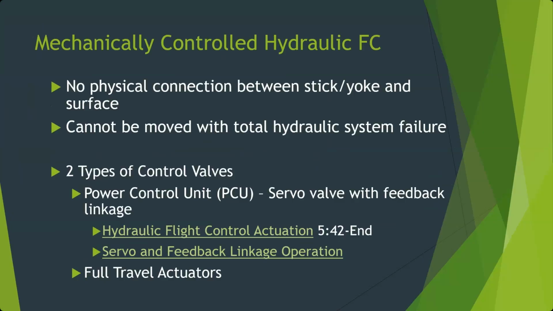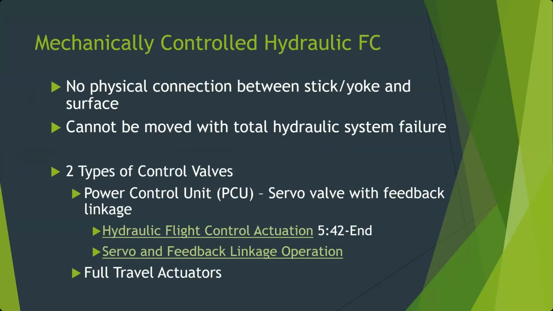So there wouldn't be any reason to put a more complicated feedback servo unit on it. But for things like the ailerons, elevators, rudder, roll control spoilers, and things like that, a servo feedback system is required. So you may have either a PCU servo feedback system or a full travel actuator.